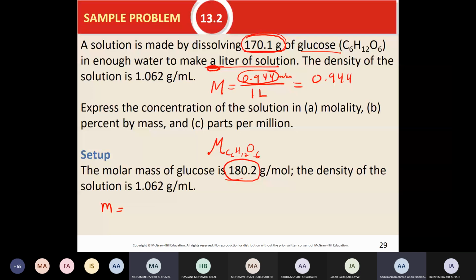You're given the density here, equal to 1.062 gram per milliliter. And the volume is what? 1 liter. What can you calculate? The mass. Okay, go ahead, calculate the mass.